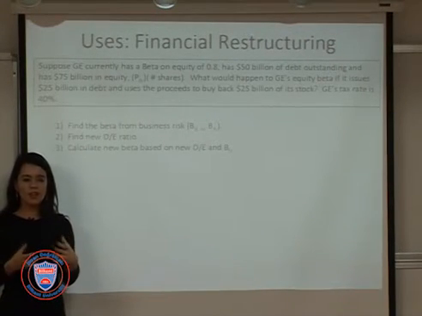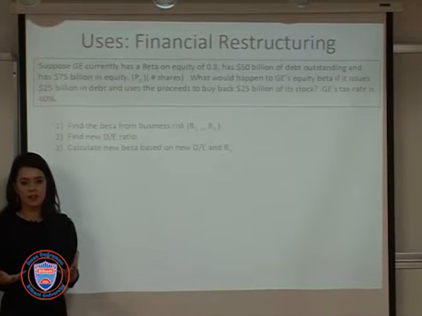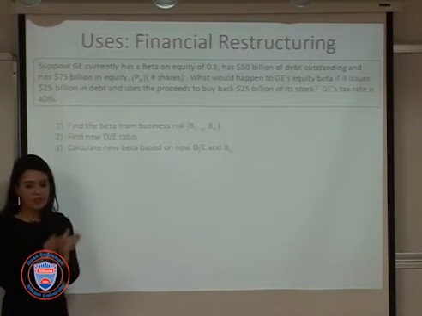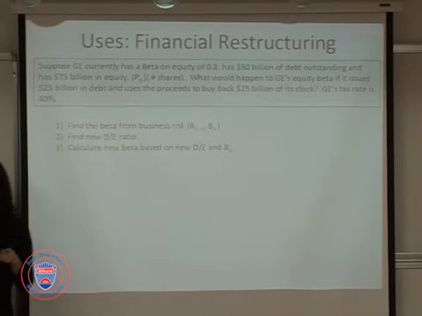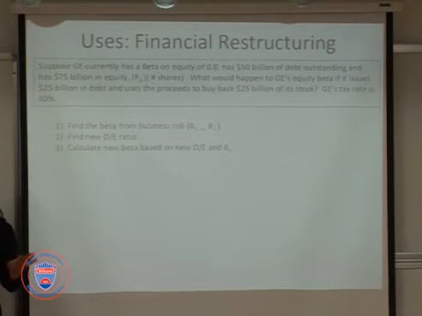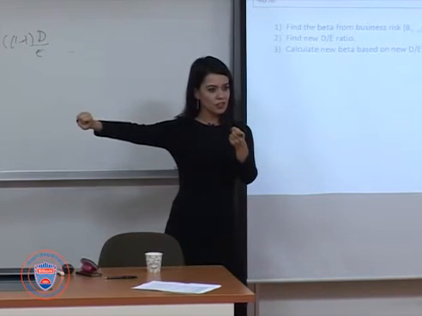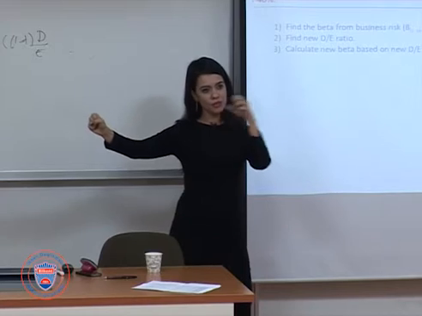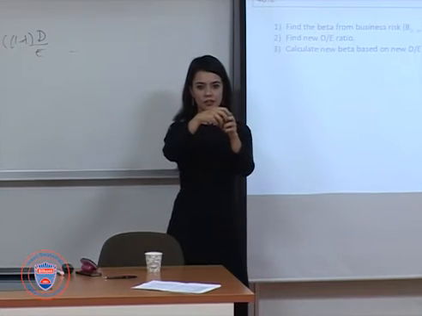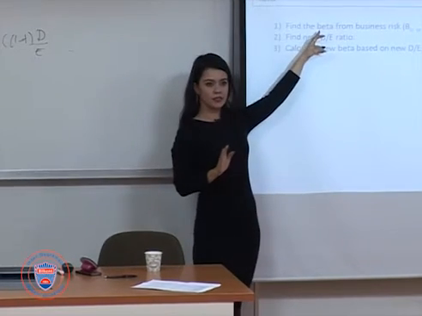Why am I doing this? I'm basically unlevering the beta. So I'm trying to find the riskiness of the company if there was no debt. That will be the first step. Why? Because first, I'm going to take out debt from the picture, then I'm going to introduce the new debt structure. So first, calculate the asset beta.